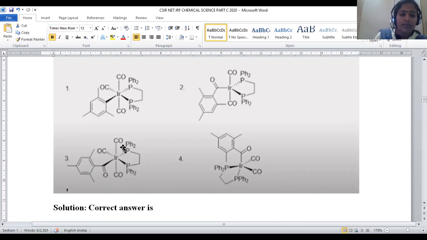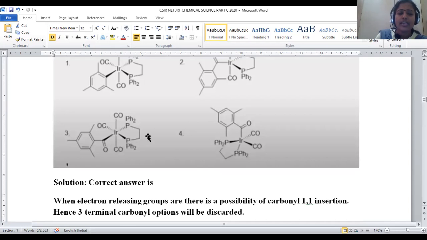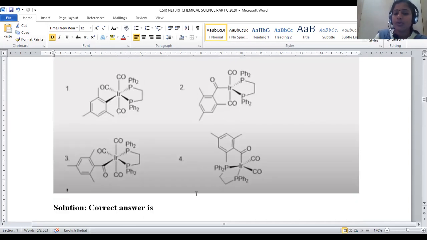And the third compound has C=O, CO, CO, carbonyl groups, 4 are there, but the signals are given for only 3. So we can clearly discard option number 3. Only option number 2 or option number 4 are possible, because both are associated with 3 carbonyl groups. 3 carbonyl groups are there within the molecule, right?